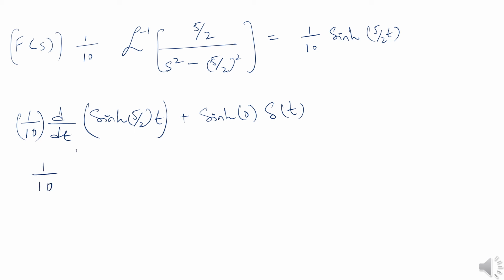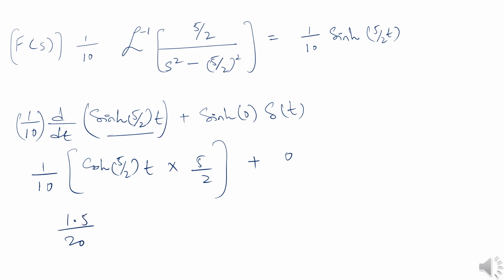The derivative of sinh t is cosh t multiplied by the derivative of the angle, plus 0. So it will be 5 over 20 cosh of 5 over 2 t, which equals 1 over 4 cosh of 5 over 2 t.